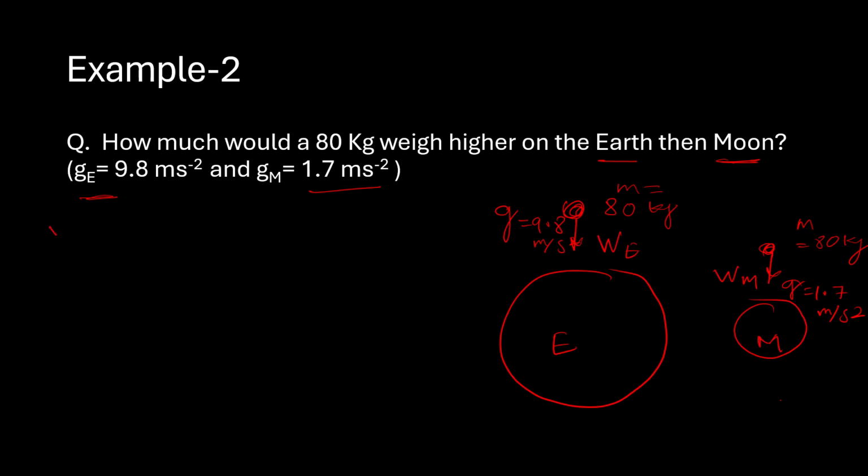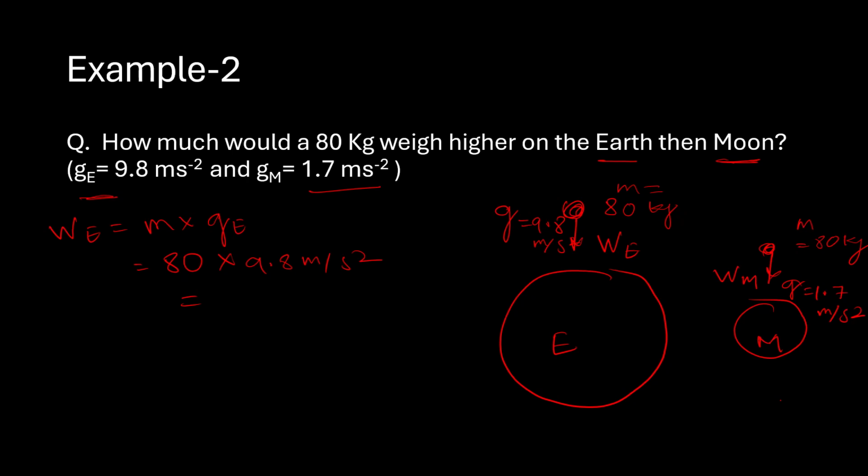So let's calculate WE first. WE is equal to, again, mass into gravitational acceleration on Earth, which is equal to 80 into 9.8 meter per second square.